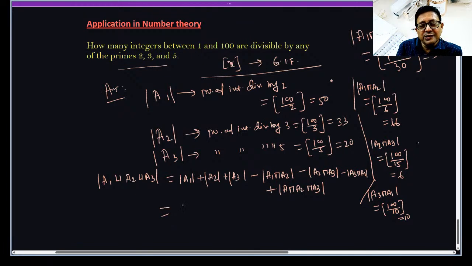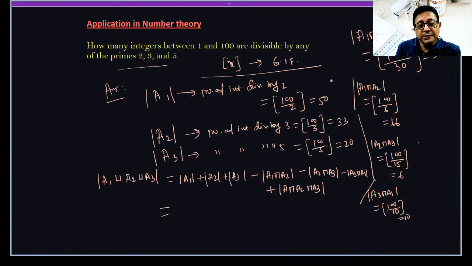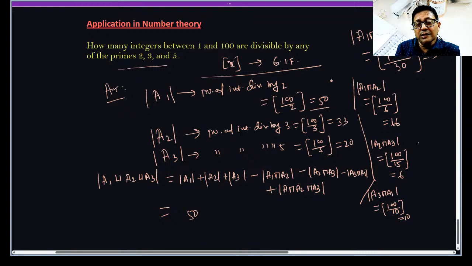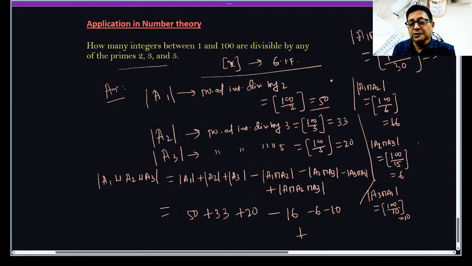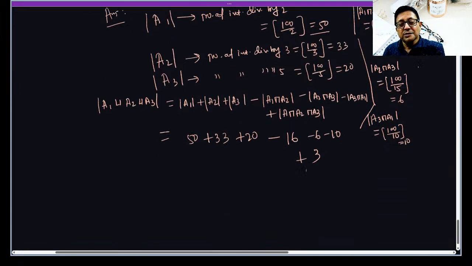So the required answer is 16, 6, 10, sorry, 50, A1 cardinal number, A2 cardinal number, A3, then these things you subtract, plus 3. Understood? Let us find its value. Okay?